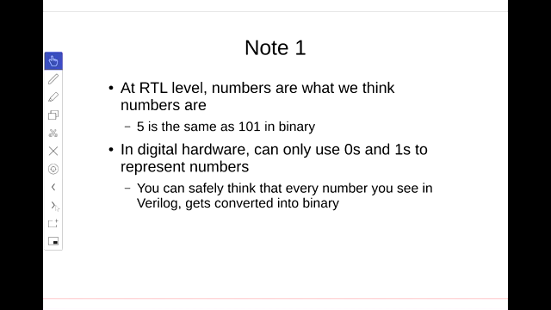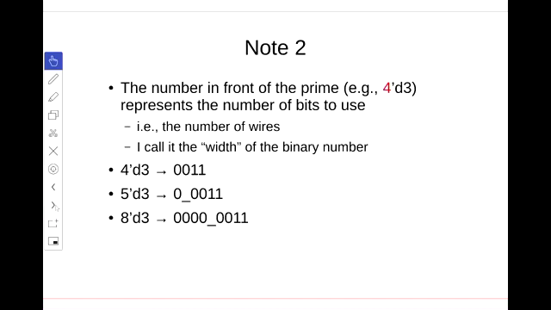In your FPGA, there are only bits flying around. There's no such thing as decimal numbers in your FPGA, so to speak. As you should know from your workshop 1, where all this was covered, the number in front says how many bits I have.